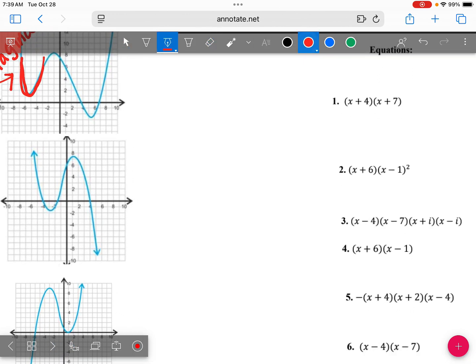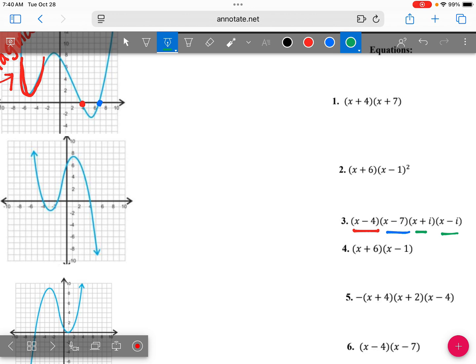You have an intercept at +4. So I have my -4. You have one at +7. So I have my -7. And then I have my 2 imaginaries. And that doesn't have to be x plus i. It could be x plus 2i, x plus 3i. But you have to have an imaginary because of that U-turn that's above the x-axis.